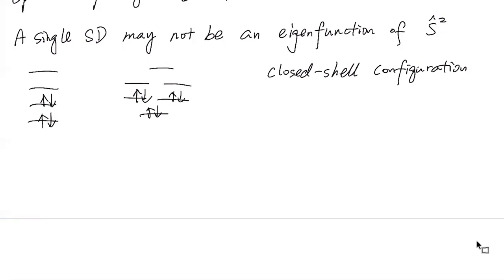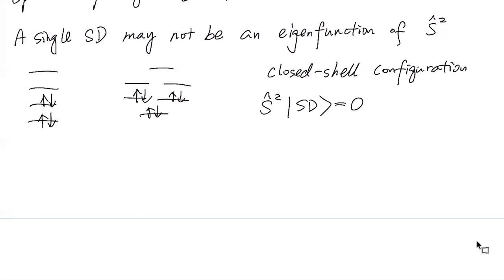Then for this case, the single Slater determinant corresponding to the electronic configuration is indeed an eigenfunction of S squared. Applying S squared on the Slater determinant, you will get 0.